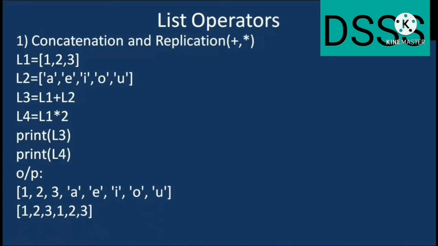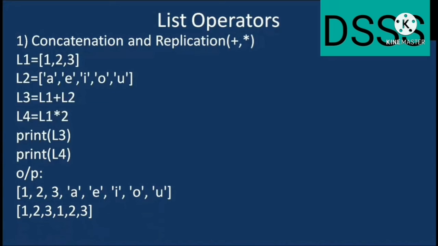When we say L1 plus L2, it means add the lists L1 and L2, join them, concatenate. When you say L4 equals L1 into 2, it means L1 is repeated 2 times.